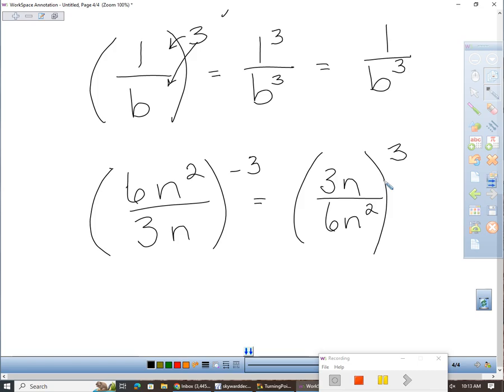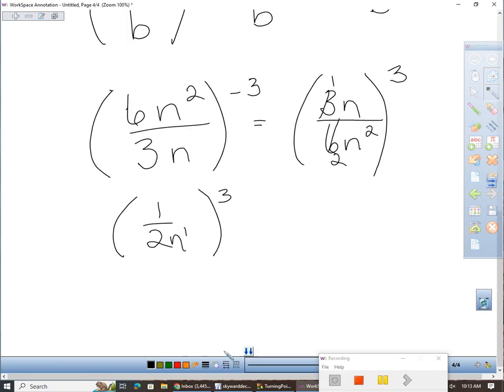Now let's simplify on the inside before we distribute that 3 to everything. 3 goes into 3 one time. 3 goes into 6 twice, right? So right now I have 1 over 2. Where do I have more n's? On the bottom. How many more do I have? Just 1. I'm going to write that 1 there for now, but I don't have to. Okay, any question how we got to there?